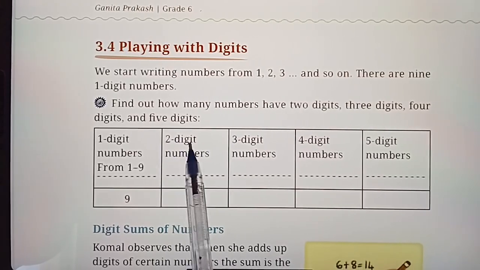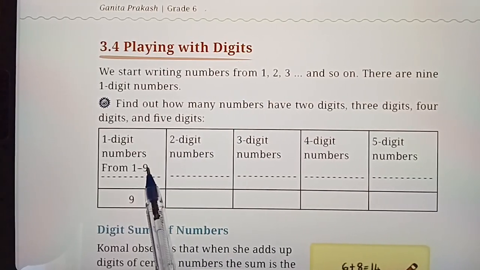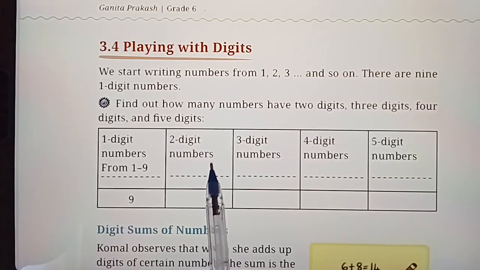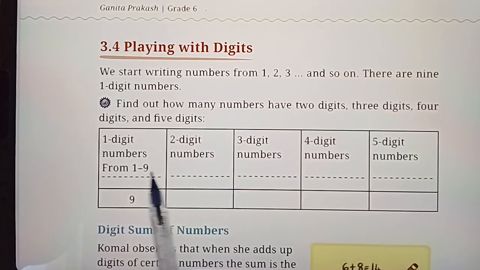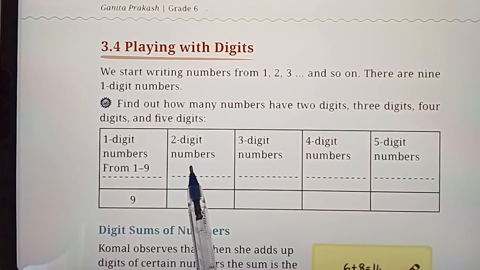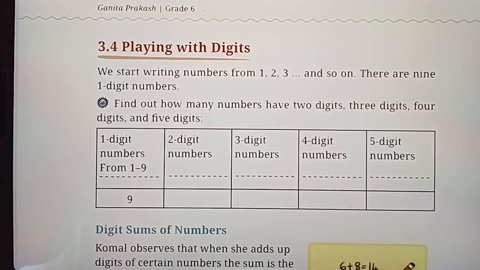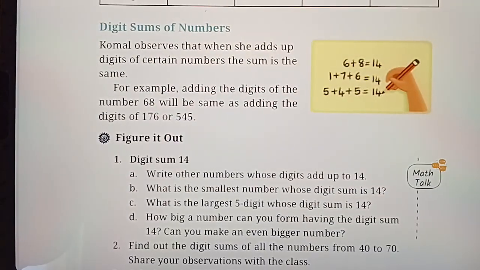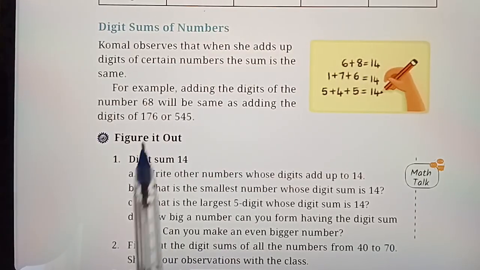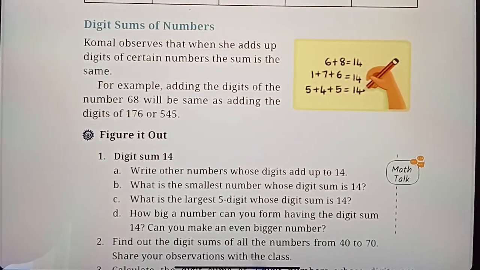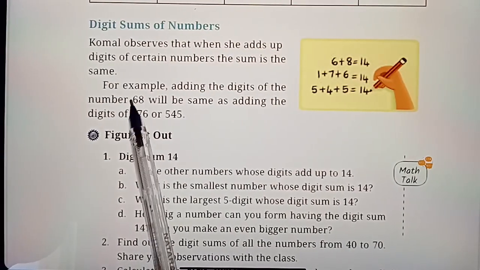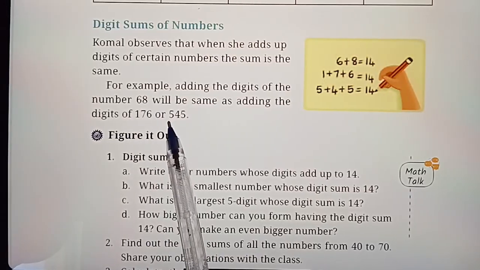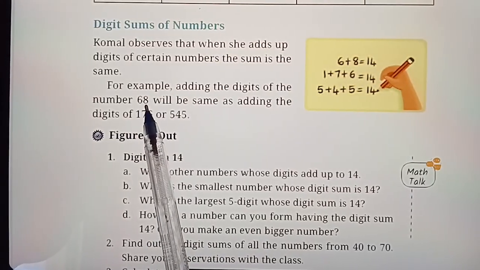Now over here you can write 2 digit numbers from 10 to 20, and all of 10, 11, 12, 13, 14 all the way to 20 have 2 digits. So this is how this pattern goes. Next we have digit sum of numbers. For example, when you add the digits of 68 and 176 or 545, you will get the same value.